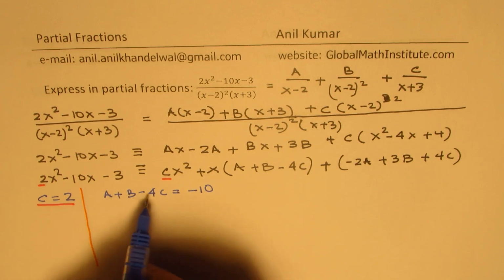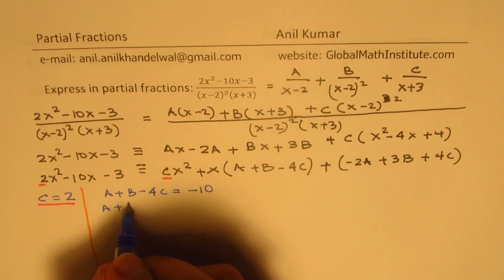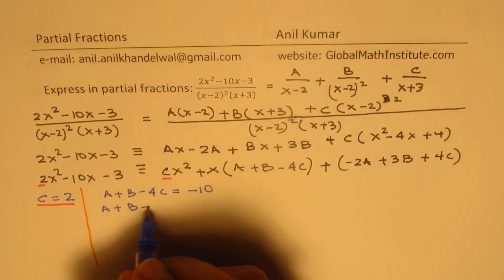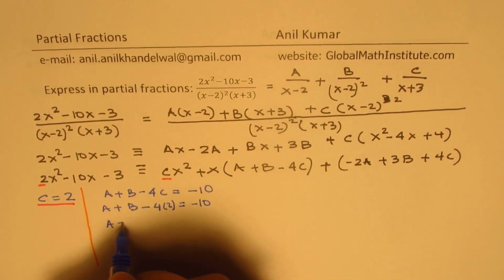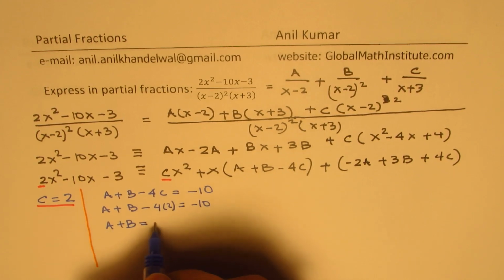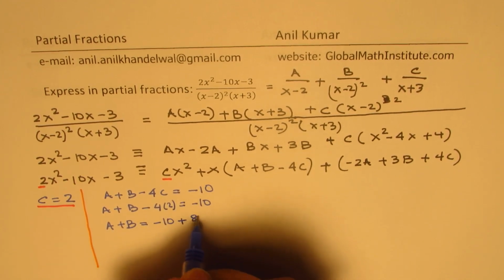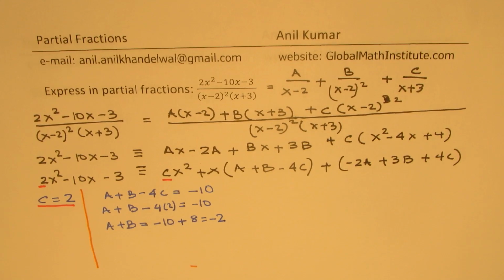Since we know c is 2, we get a plus b minus 4 times 2, which is 8, equals minus 10, or we get a plus b equals minus 10 plus 8, which is minus 2, right?